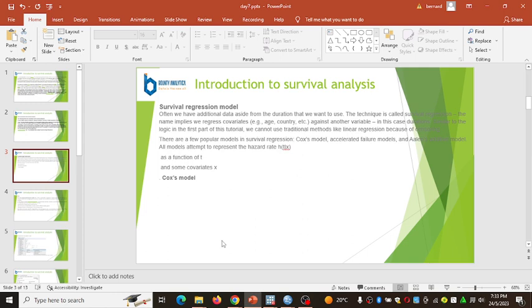We have introduced what survival analysis is. Now we want to come up with a regression model that will predict or give us those estimates and conclusions.